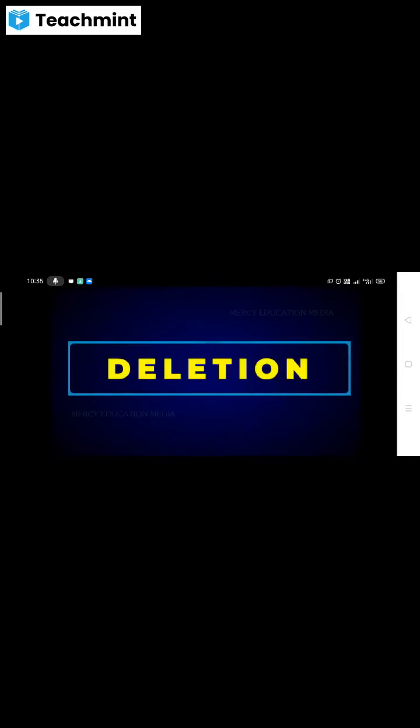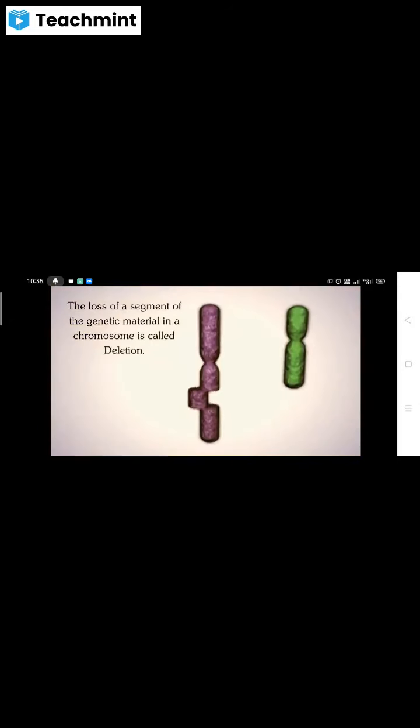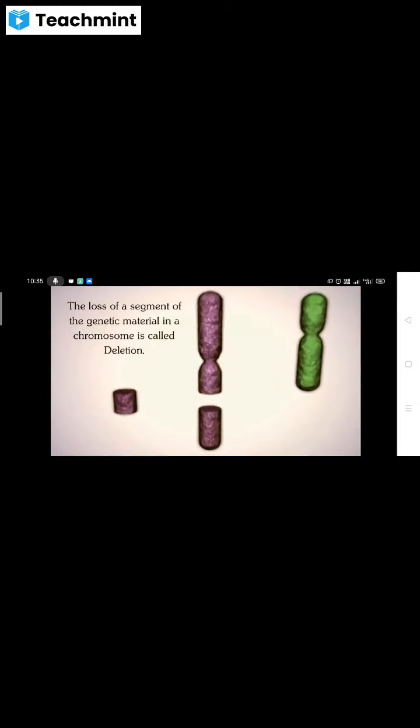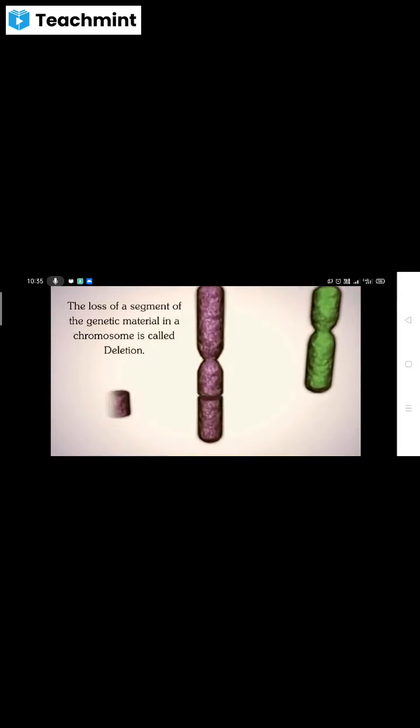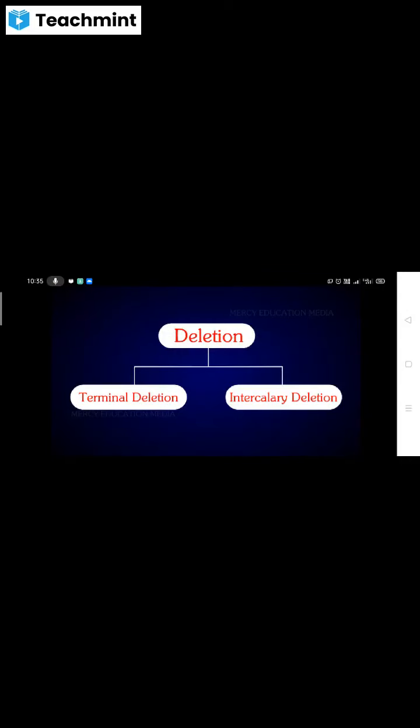So let's discuss structural chromosomal aberrations. The first type is deletion. Here the loss of a segment of genetic material in a chromosome is called deletion. Deletion is of two types: terminal deletion and intercalary deletion.